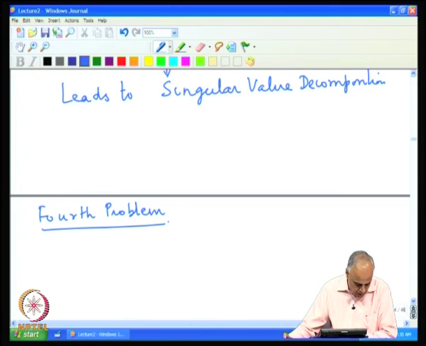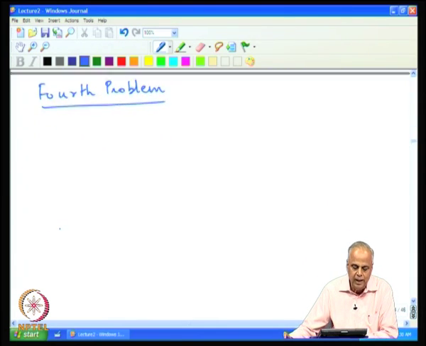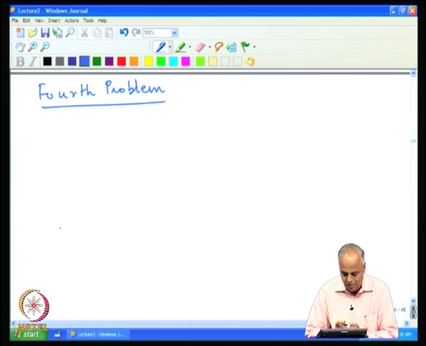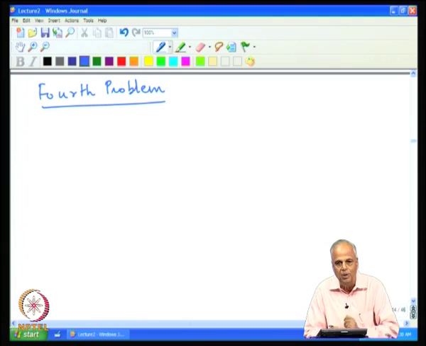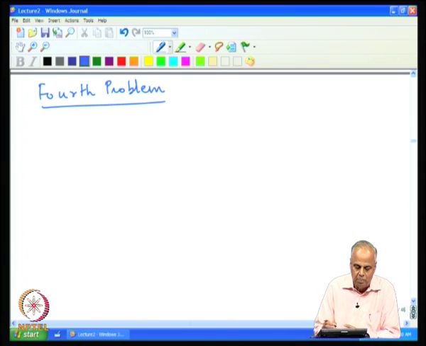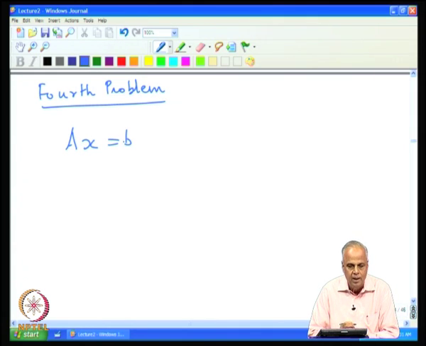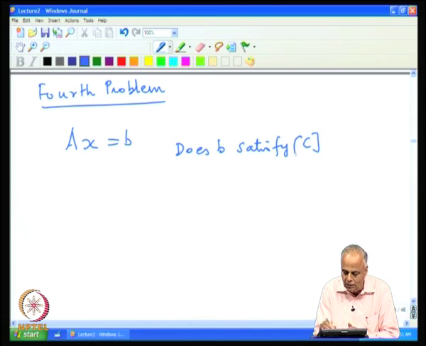This is again connected directly to the systems of equations, and we will later find its connection with the singular value decomposition, etc. Let us recall that when we have a system A x equal to b, we had situations like, does b satisfy the condition C for existence of a solution.